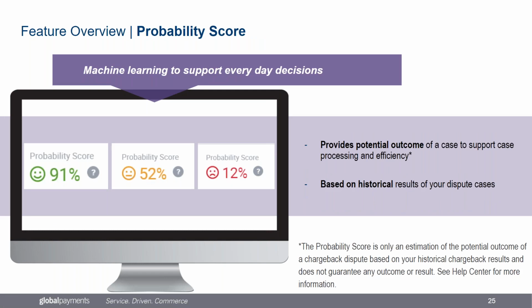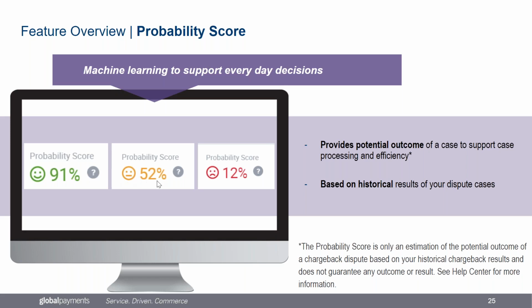So, the probability score. This is new, and this will help you determine whether you need to actually work on a case or not. This is a potential outcome of the case. This does not guarantee that the case would be won or lost, but it's a potential outcome. What you're seeing here is we have three areas. We have a probability score of green, which means you have a higher percentage of winning that case.